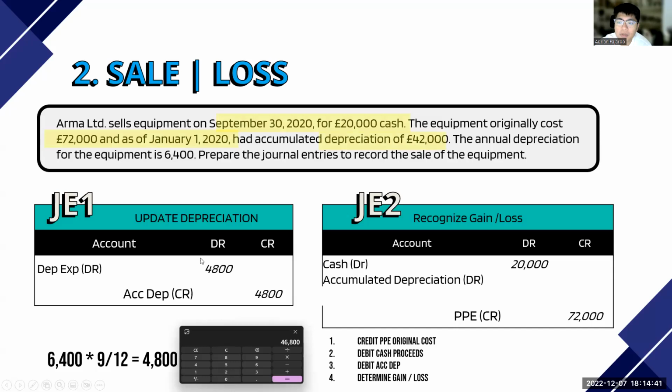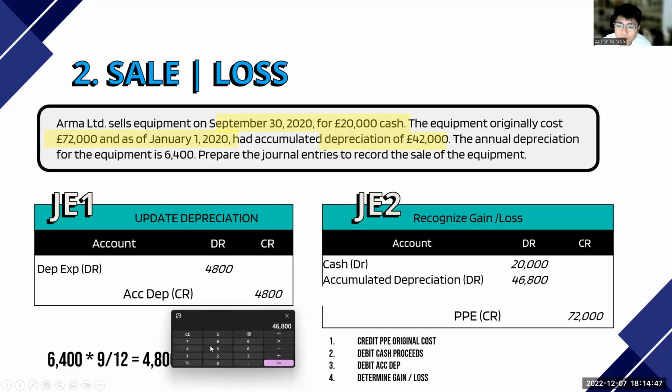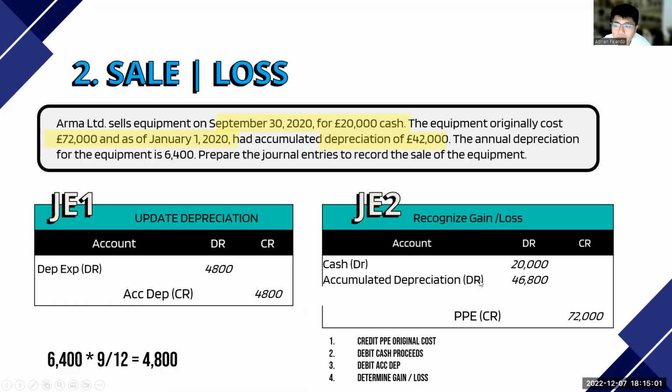So 42,000 plus 4,800 is you have an accumulated depreciation of 46,800. So meron kang butas. If you add the debits, 20,000 plus 46,800 is 66,800. So may missing na 5,200 na debit. So since debit to, we know automatic na loss on disposal siya at 5,200.